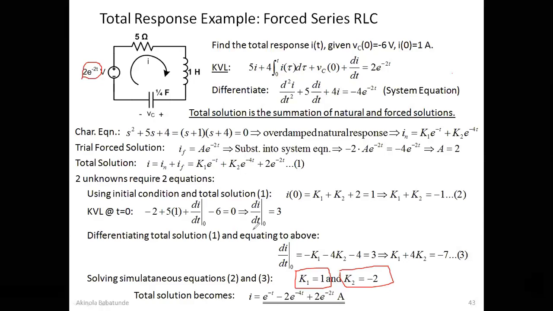If you put those in this particular expression, your final solution will be i equal to exponential minus t, because k1 is 1, minus 2 exponential minus 4t, because k2 is minus 2, then plus 2 exponential minus 2t amperes. This becomes your total response, the final solution with those initial conditions.